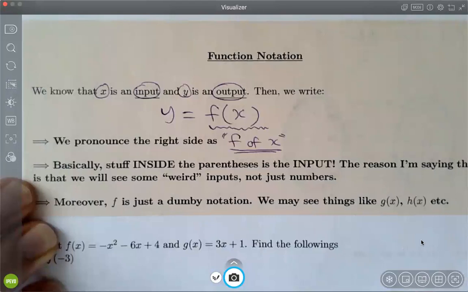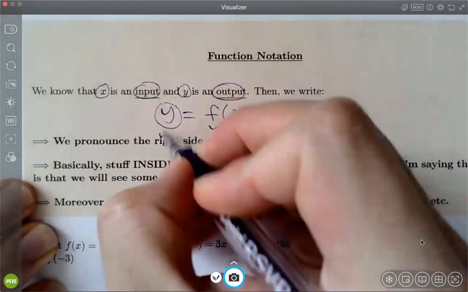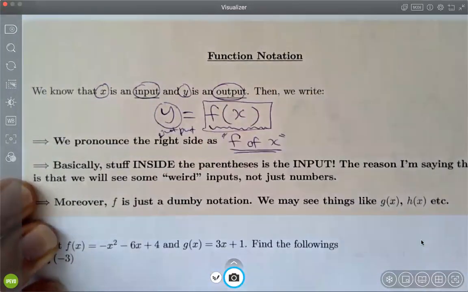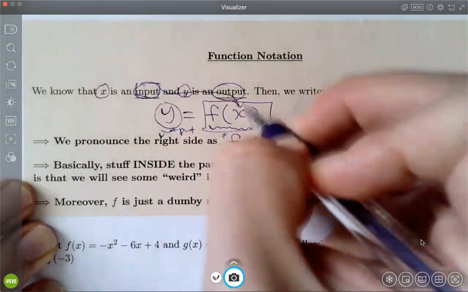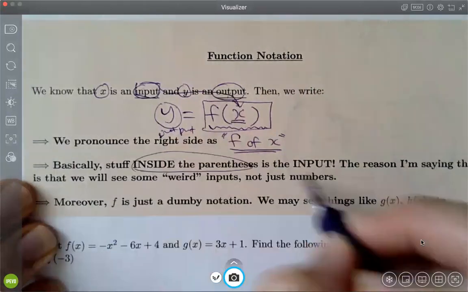Okay, so again, what am I saying? Y, which is the output, is the same thing as this entire f of x. Okay, and this x, which is the input, is where? Within the parentheses, right? So stuff inside the parentheses is the input.